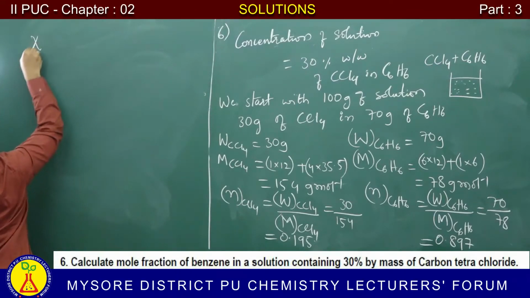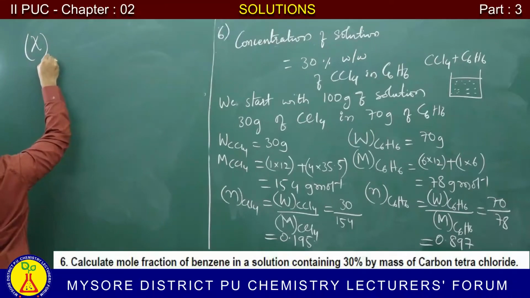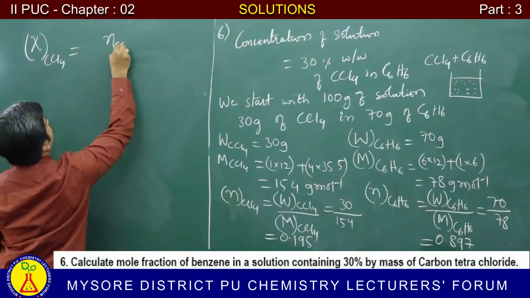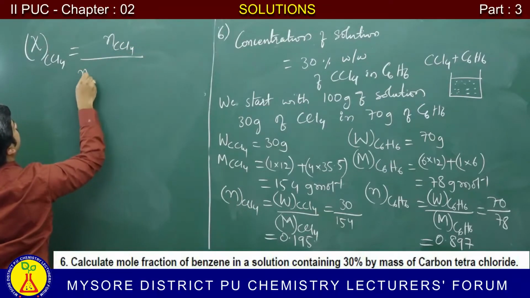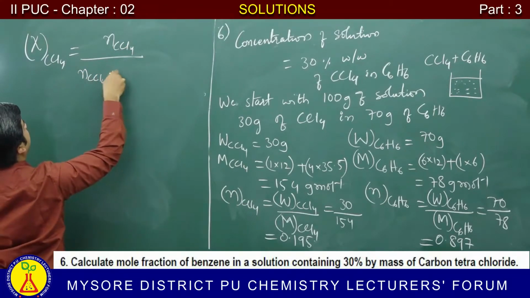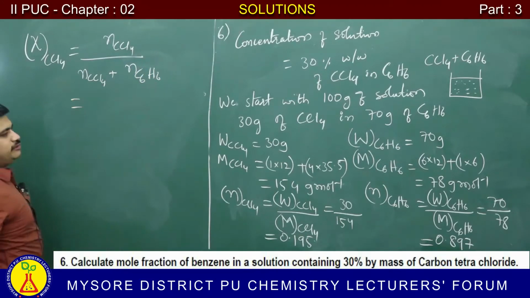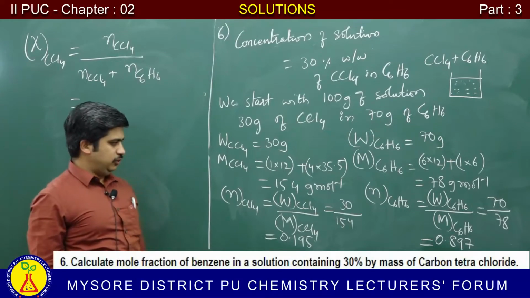So the mole fraction of carbon tetrachloride is equal to the number of moles of carbon tetrachloride divided by the number of moles of carbon tetrachloride plus the number of moles of benzene. That is the total number of moles of all the components present in the solution.